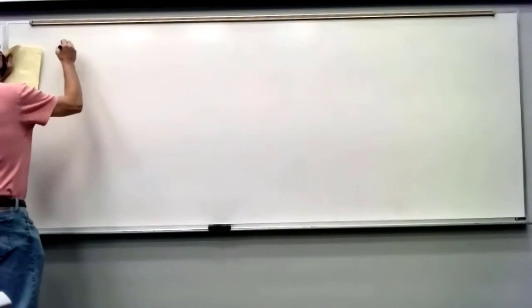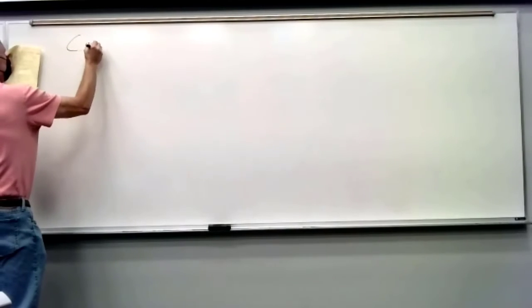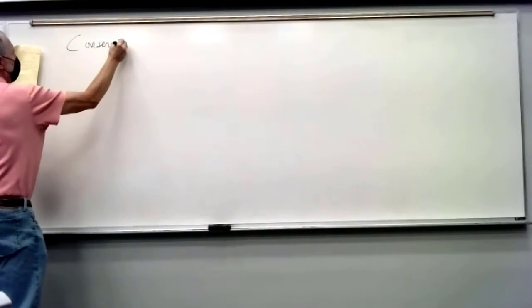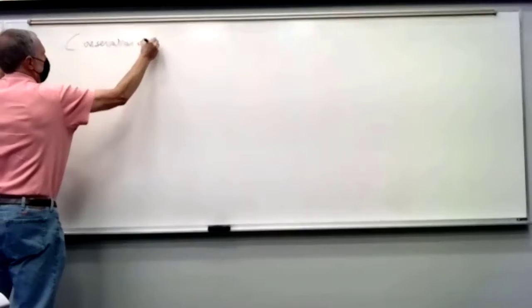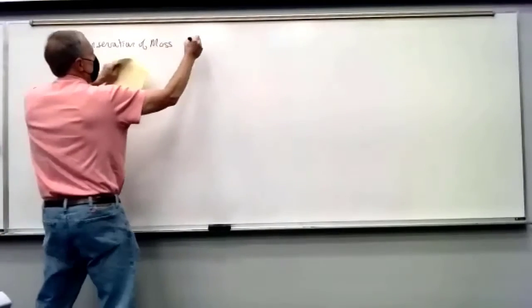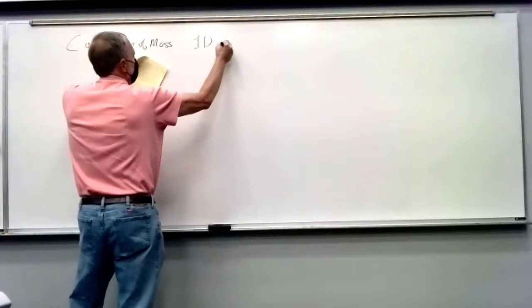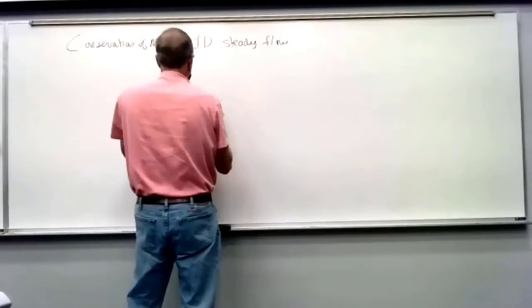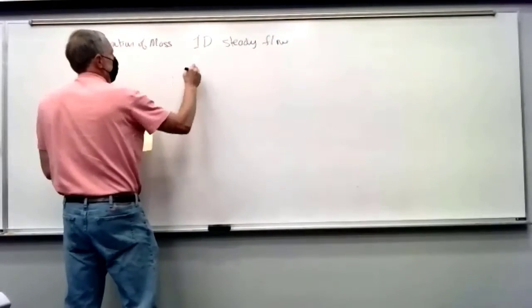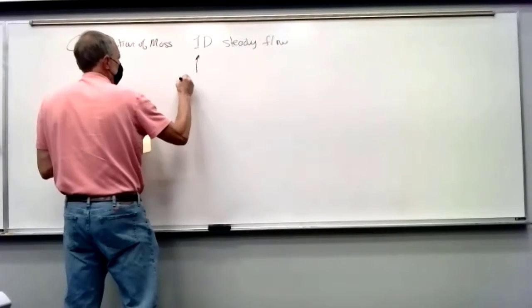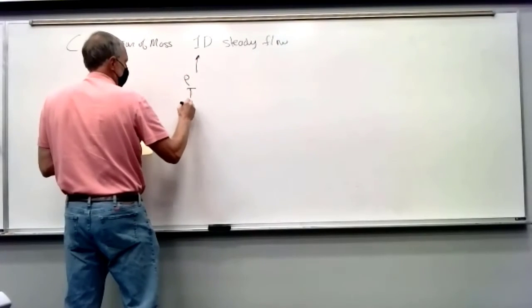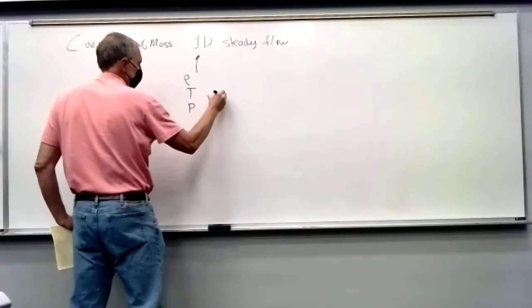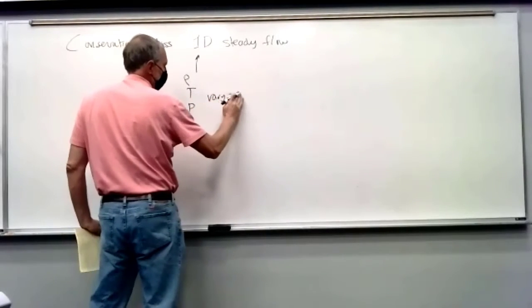All right, so the way we derive this, and we're going to do the simplest version of this. It's what's called 1D steady flow. One dimension means that density, temperature, pressure vary only in one dimension.